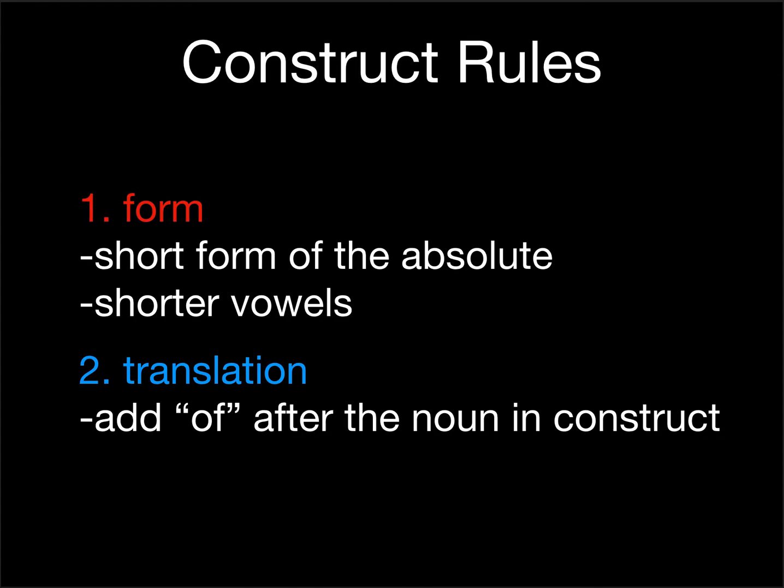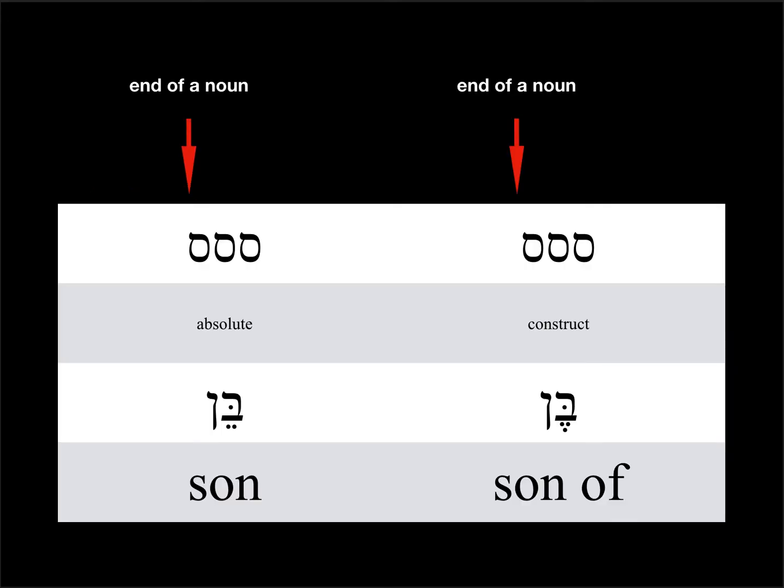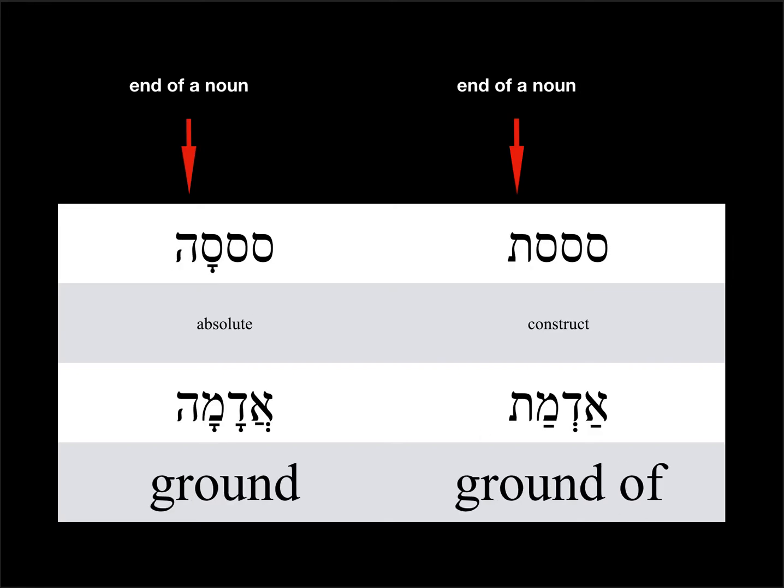Rule number 2, translation. When you're translating a noun that is in construct, you need to add the word of right after the noun. In other words, what we just saw here, in the absolute sun becomes sun of. In the absolute ground becomes ground of.